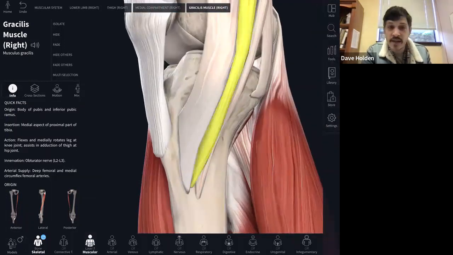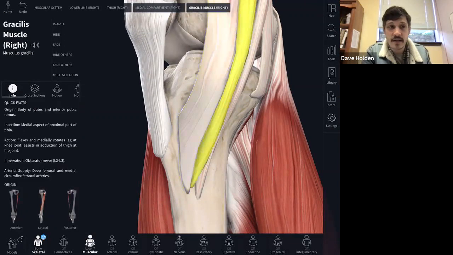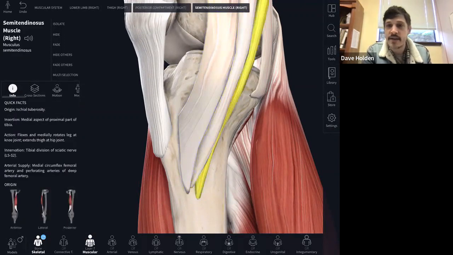There are the three muscles back to back to back. Right in front, you have sartorius. Next, you have gracilis. Next, you will have semitendinosus. I do not think you'll need to worry about the order that they insert. You will just need to know that these specific three muscles insert at the same spot.